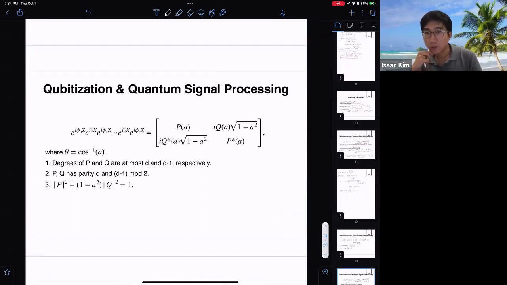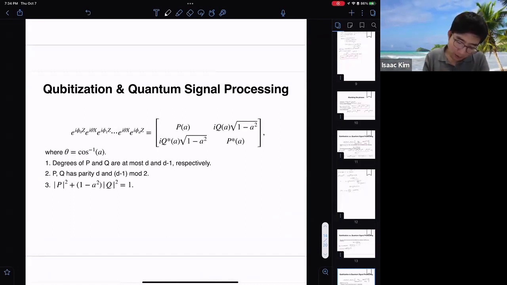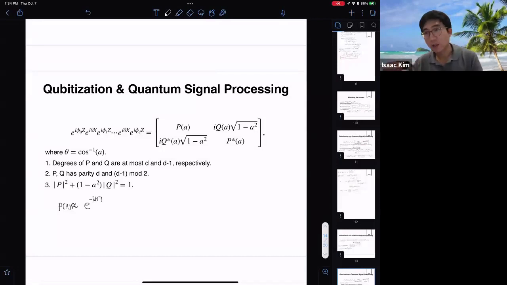So clearly we have a goal. For instance, if we wanted to implement a time evolution operator, we would like P of H to be roughly e to the minus iHt. I mean, roughly because in an ideal world, we would like them to be exactly equal to each other, but clearly this is not a polynomial.